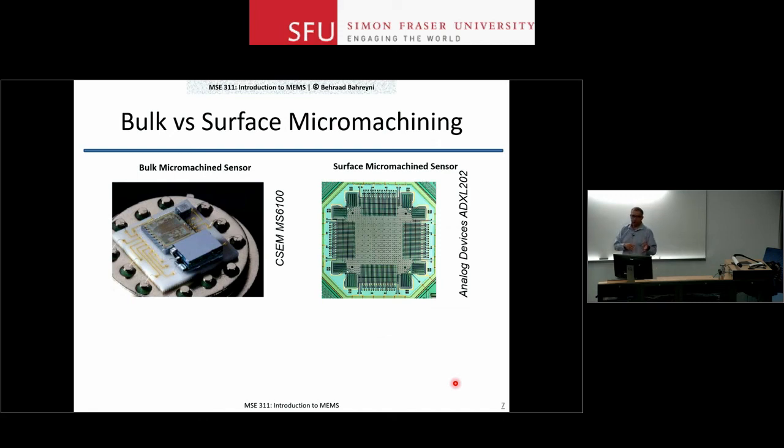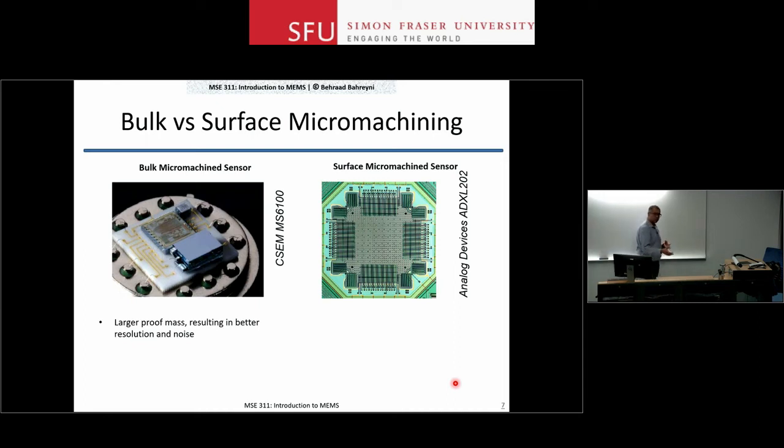You have bulk micromachine devices and surface micromachine devices. Again, if you go back to the fabrication sections that we discussed, the processes had their own pros and cons. When you use these two different approaches to make a bulk micromachine accelerometer versus a surface micromachine accelerometer, here are some relatively straightforward outcomes.